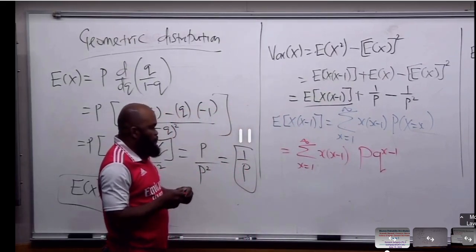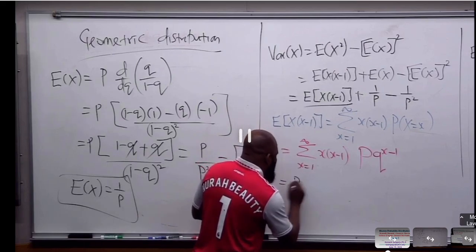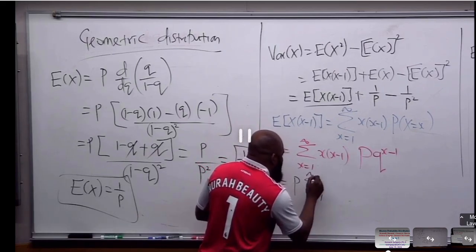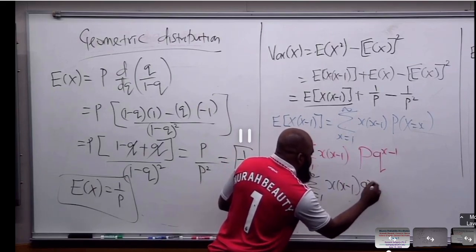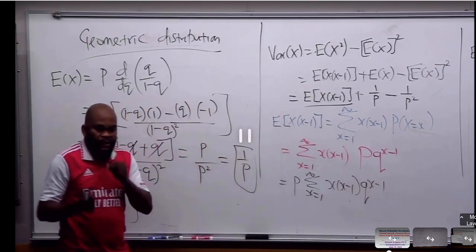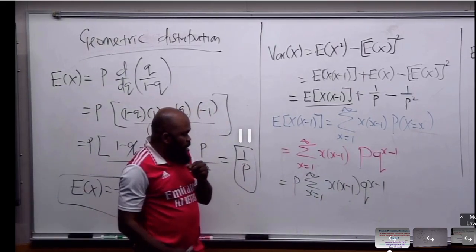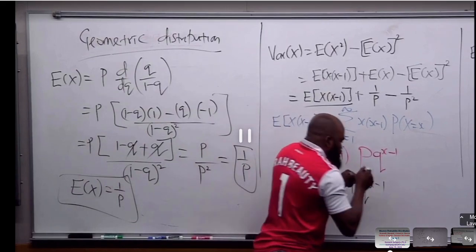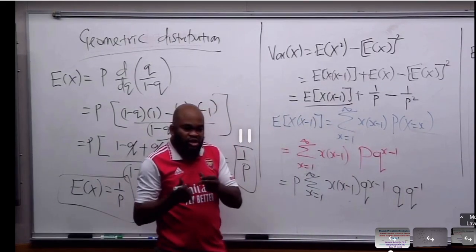Okay. Now, if I bring out p, I'm going to have this. Right? I'm going to have this. Now, if I have this, I can introduce q and this. Because you know why?